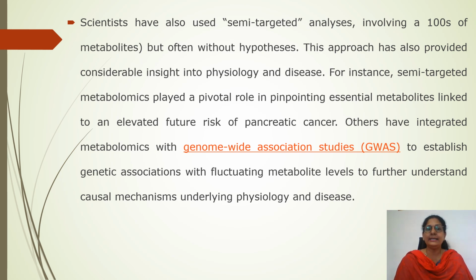Others have integrated metabolomics with genome-wide association studies, GWAS, to establish genetic associations with fluctuating metabolite levels, to further understand causal mechanisms underlying physiology and disease. This is another example to generate interest towards semi-targeted. There they combined untargeted followed by targeted, and here in the pancreatic disease study, they went for semi-targeted.